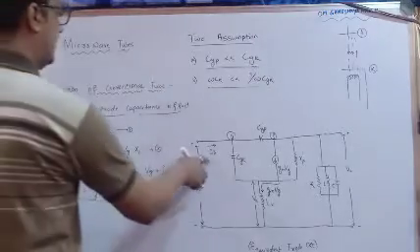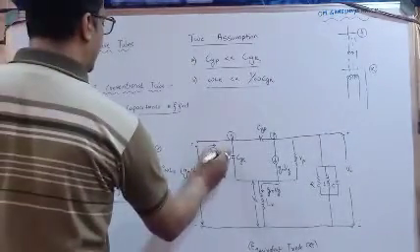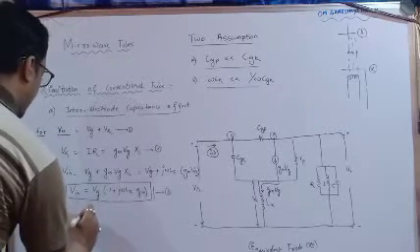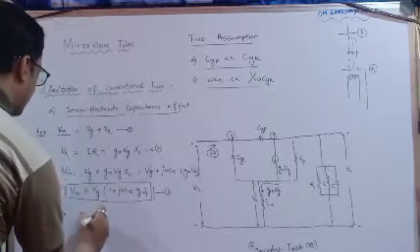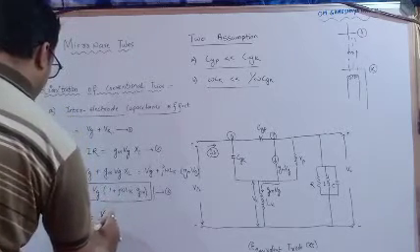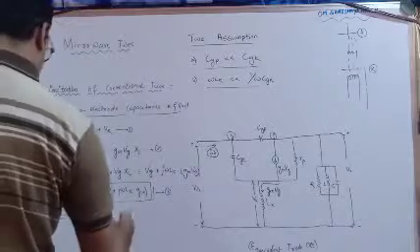So here you can see the input current is I in. So I in is equal to V by R. This is our general equation.